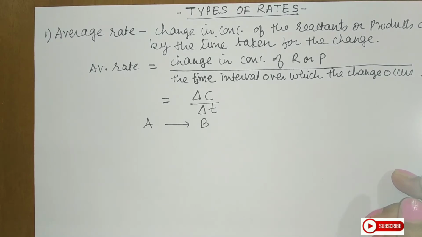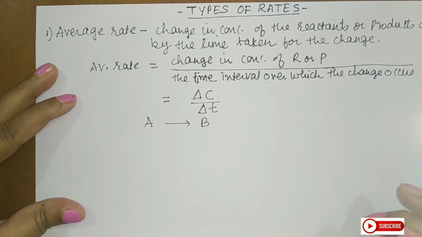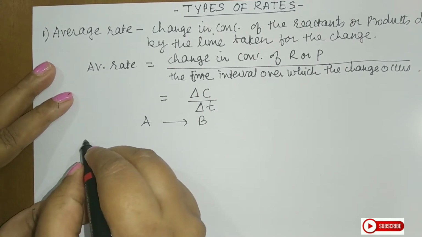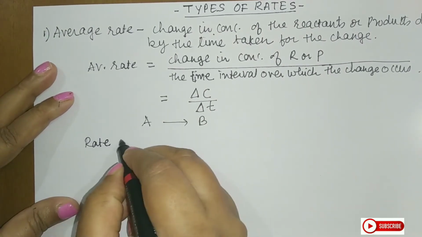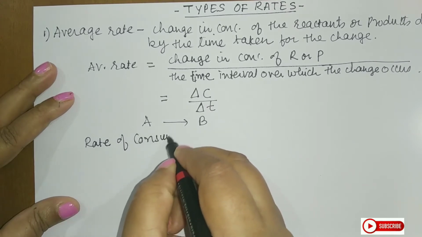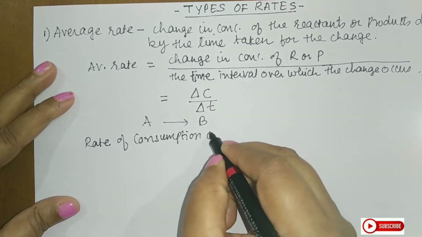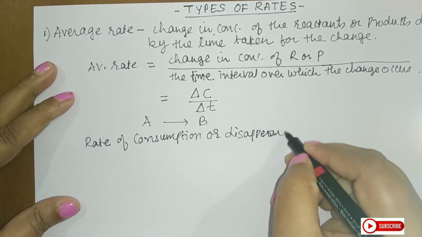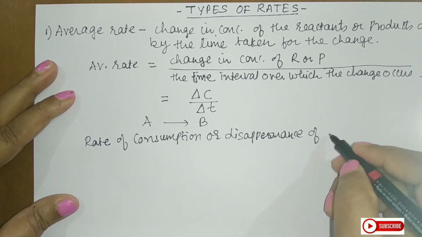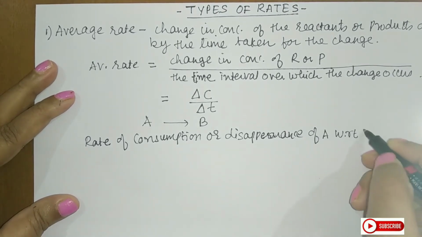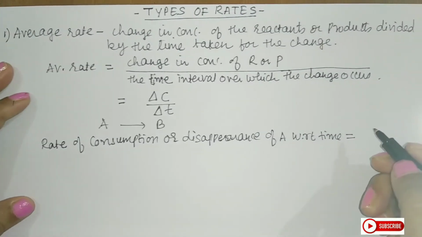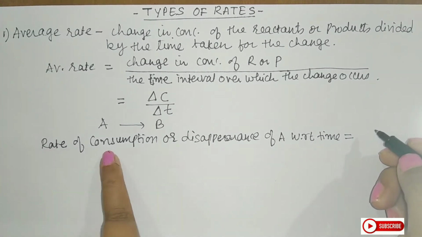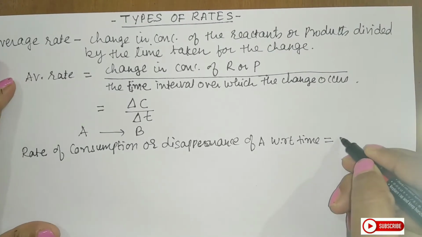So taking these revision factors, let us go for the rate of A. How can I write this, students? Rate of consumption or disappearance of A with respect to time is equal to, now when it is average rate, we use a delta. As it is consumption or disappearance, I'll be using a minus sign.